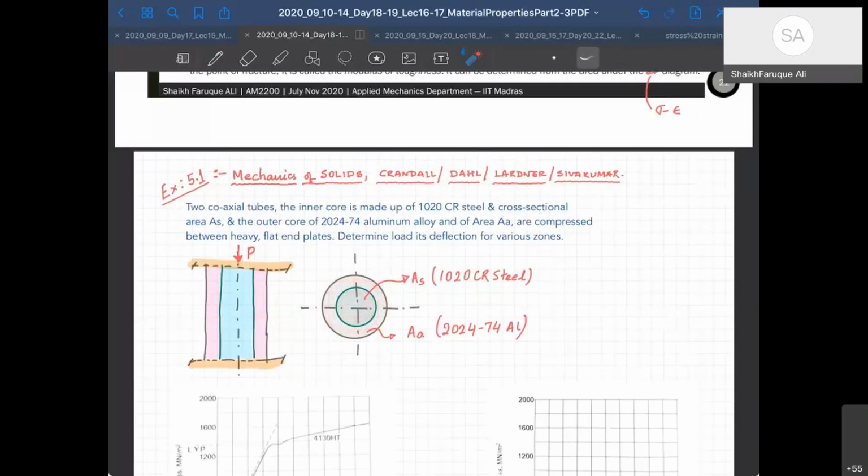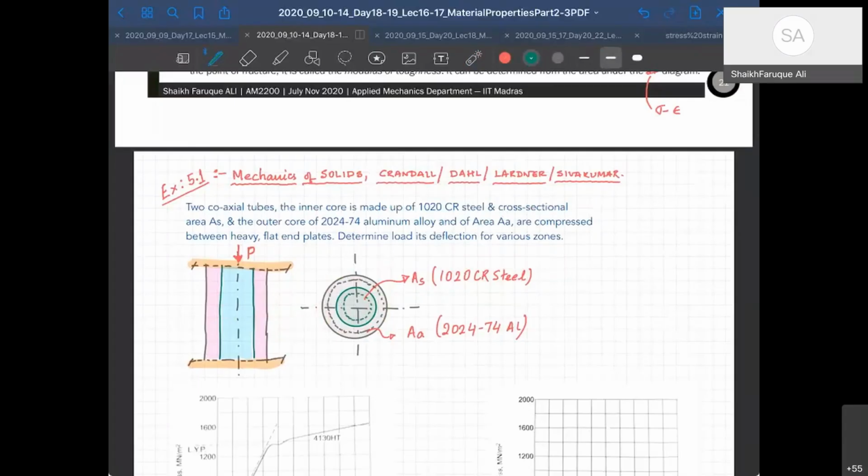Okay, and then let's draw that itself. Let's say this is one of the tubes, and that is the other tube.